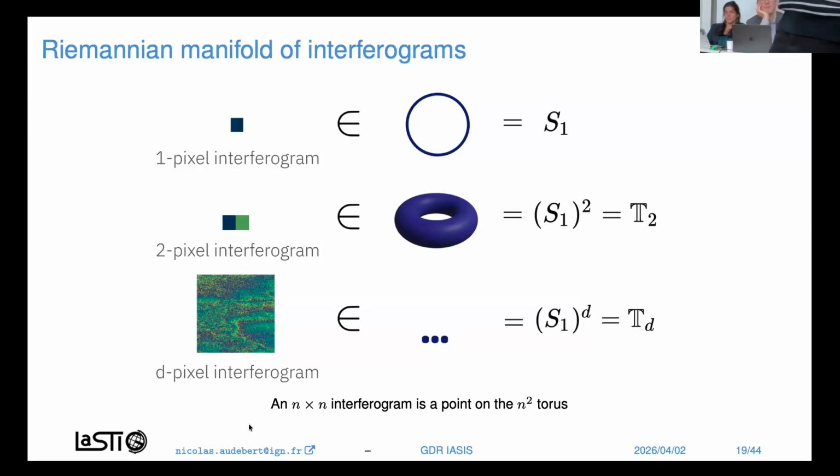If you have 2 pixels, you have 2 angles, so it gives you a torus in 3D. And if you have d pixels, it gives you a hypertorus in d-dimensional space. So what I mean is that an interferogram is not a point in the Euclidean space, it's a point on this torus, which is a Riemannian manifold. So you have to predict a noise that's always on this Riemannian manifold, right?